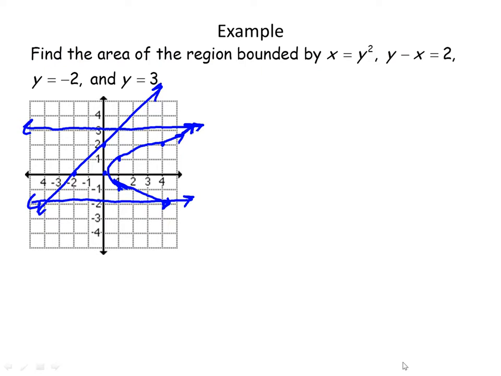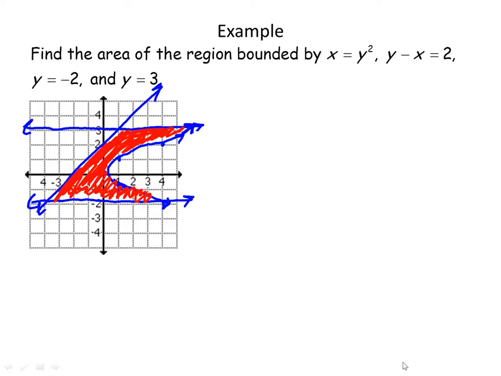Do you see your region that's bounded by all 4 of the graphs? What's that right there? Okay, so we have our graph.